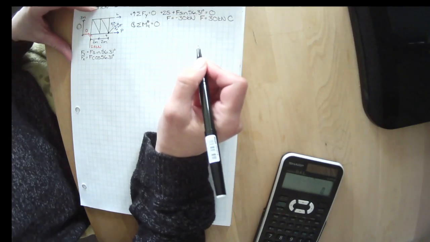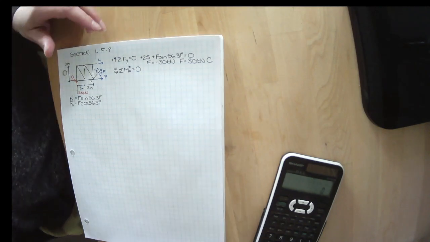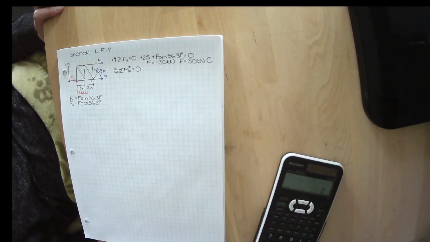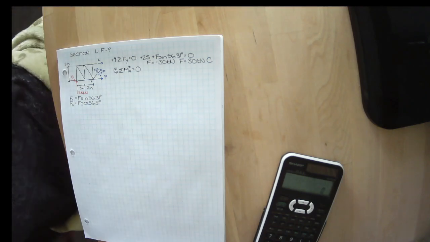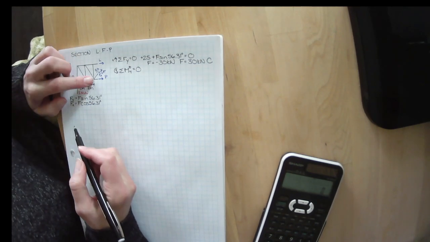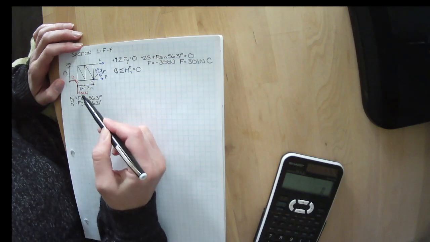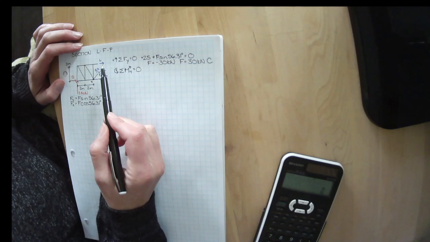If a force passes through the node, it doesn't cause a moment. To have a moment, it has to have a force and a distance from the point we're spinning about. That's what causes a moment. So we have this node right here. P passes through it. F passes through it. So that gets rid of all of those things.